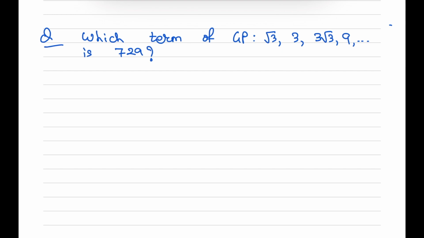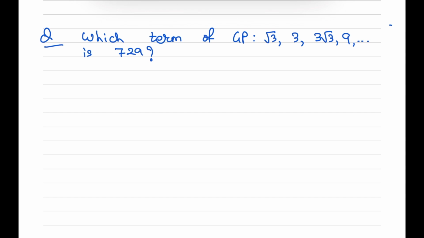Moving on to the next question of a different type. The question says, which term of the geometric progression square root 3, 3, 3 square root 3, 9 and so on is 729?